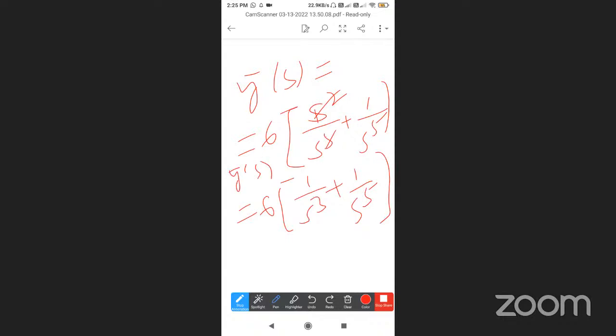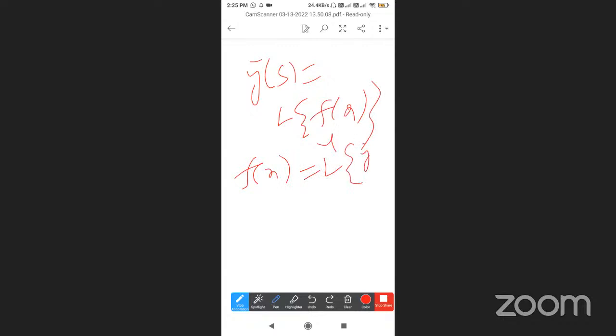We know that y bar of s is the Laplace transform of f of x. So f of x is the inverse Laplace transform of y bar of s.